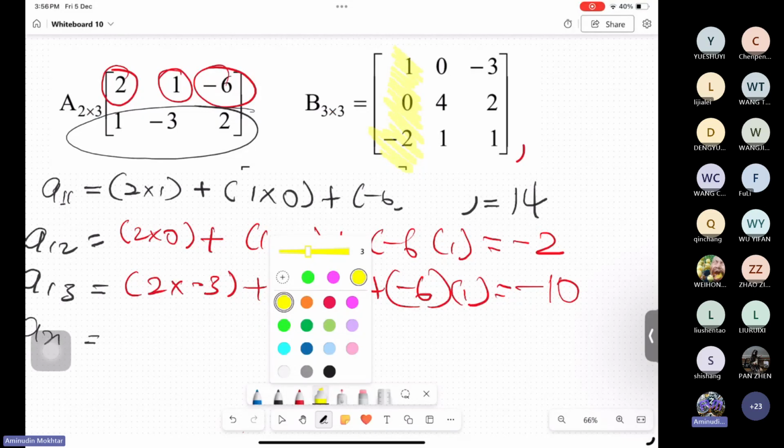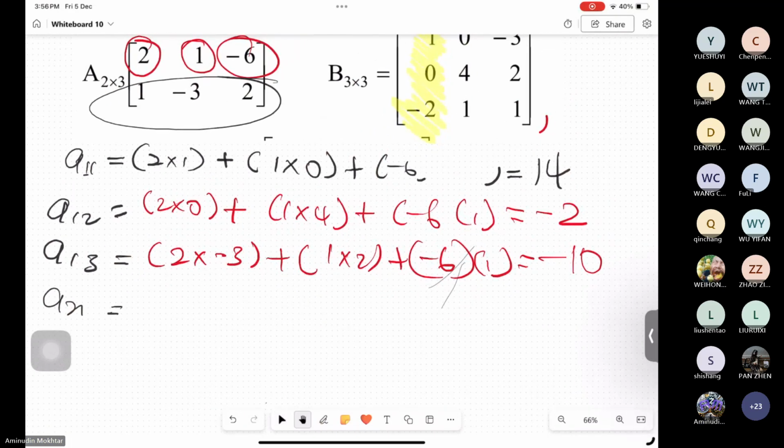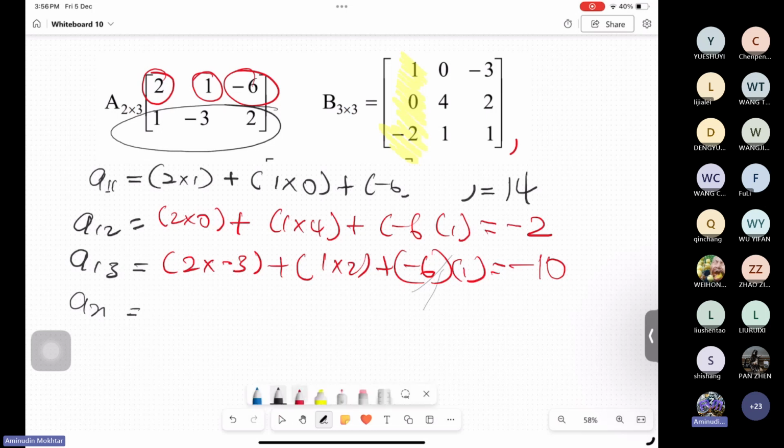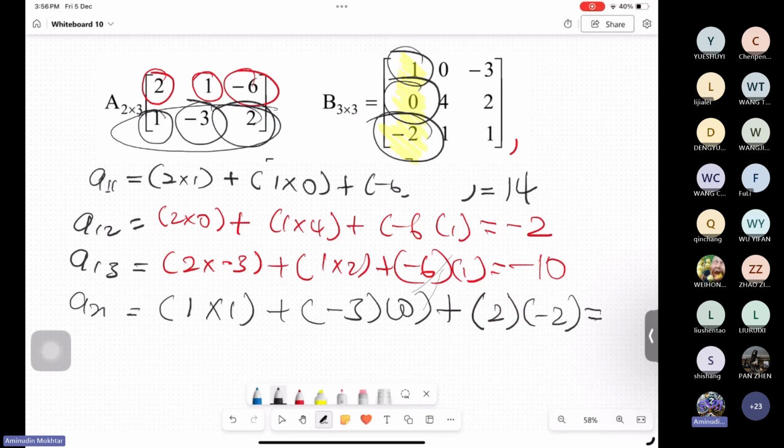So this equals A21: 1 times 1, plus negative 3 times 0, plus 2 times negative 2. That is 1 plus 0 plus negative 4. 1 plus negative 4 equals negative 3.